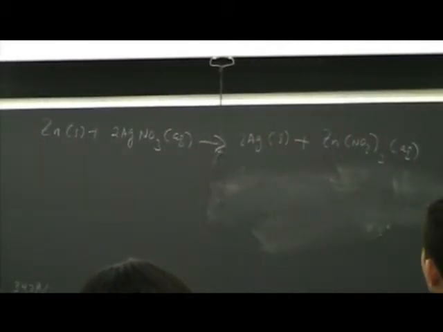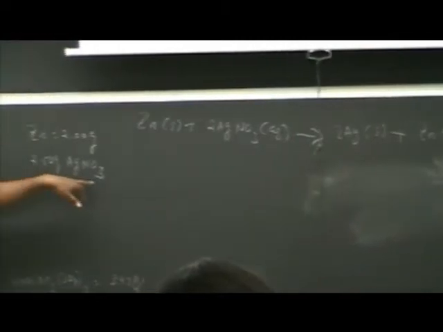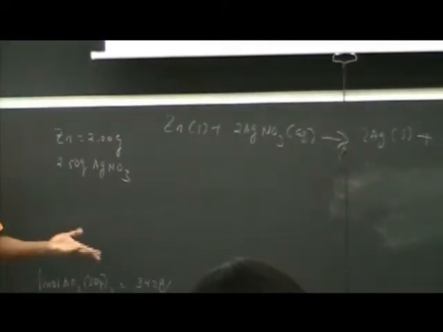This is a reaction. So what is given to you? You have a zinc metal with a mass of 2.00 grams. You also have 2.5 grams of silver nitrate. Zinc is given, which is 2 grams, and silver nitrate is given, which is 2.5 grams.